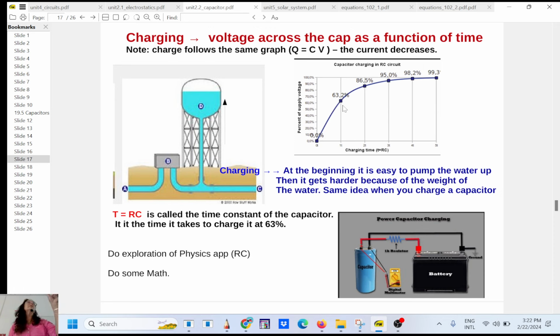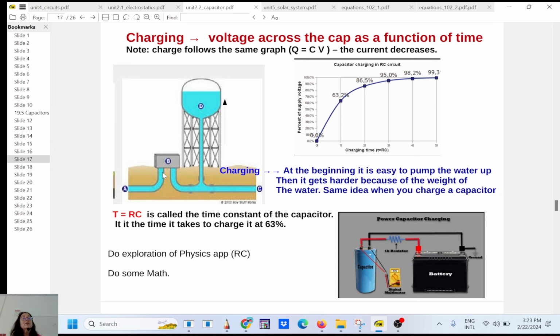So it's going to depend on two things. You can play with the time, how long it's going to take to charge a capacitor. What do you think it depends on? When you are charging a capacitor, you have the power supply, capacitor, and your load or resistance. So it depends on what? The voltage is going to be your force, right?